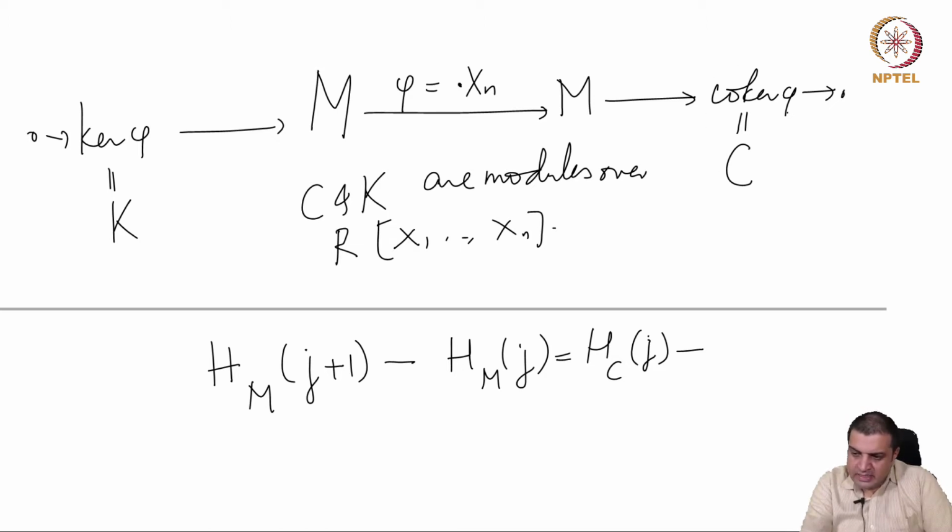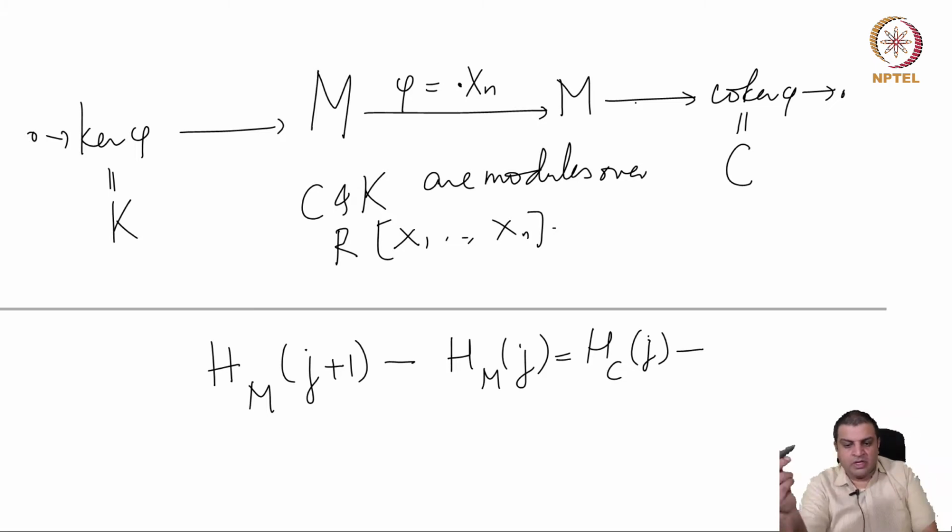So the alternating sum of their lengths should be 0. That's a property of an exact sequence of finite length modules, which we will work out in an exercise.